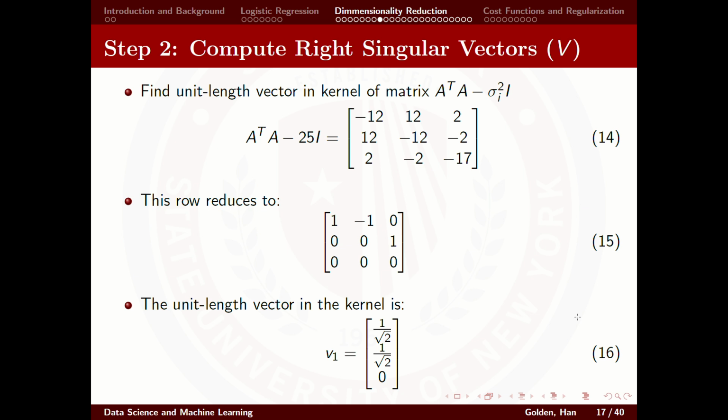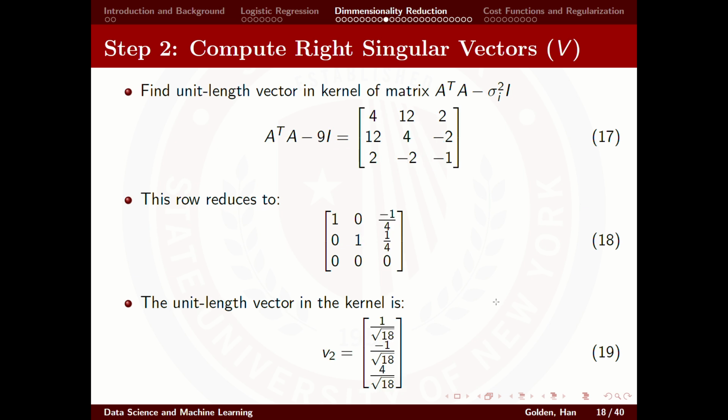We find the unit length vector in the kernel of matrix A transpose A minus sigma squared I. So here we're going to find A transpose A minus 25I, and this row reduces to 1, negative 1, and the unit length vector in this kernel is 1 over root 2, 1 over root 2.